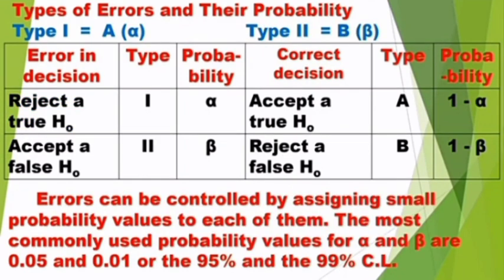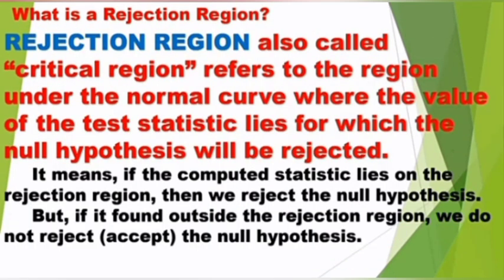Errors can be controlled by assigning small probability values to each of them. The most commonly used probability values for alpha are 0.05 and 0.01, or the 95% and 99% confidence levels. Okay, let's proceed to our main topic.